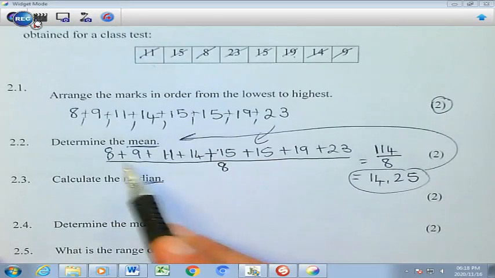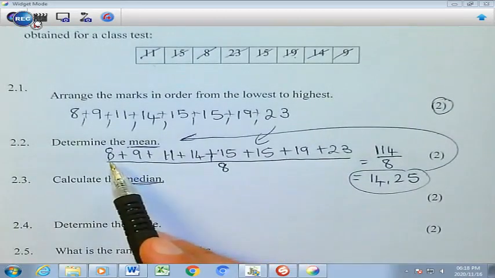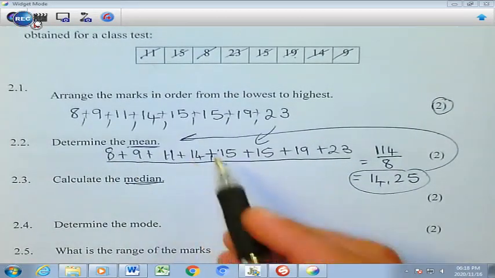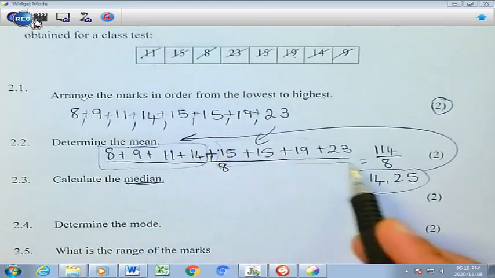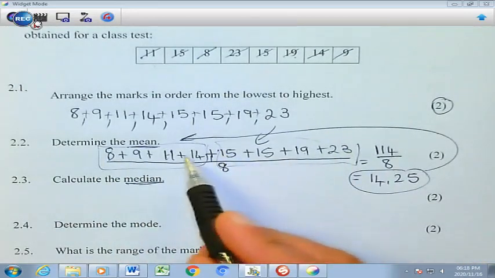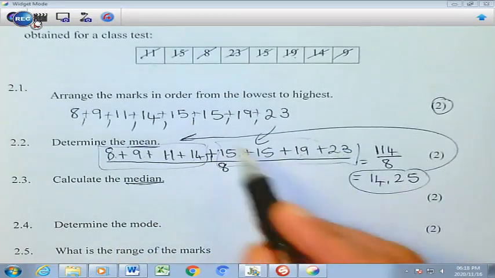So in this case, there are even numbers in the data set. So if you count 1, 2, 3, 4, there's 4 on this side and 1, 2, 3, 4 on that side.